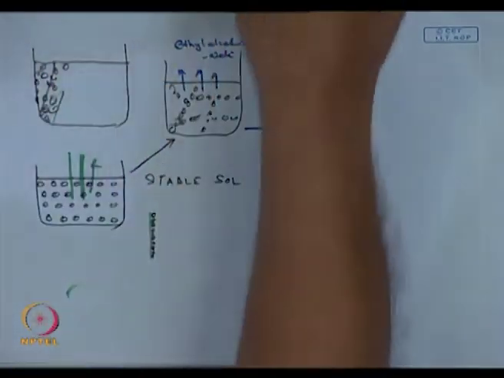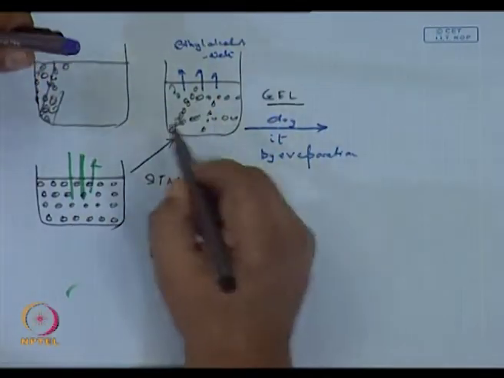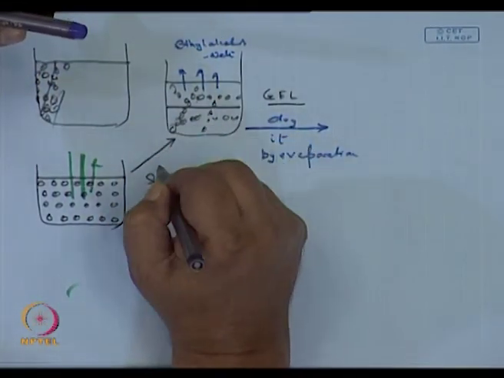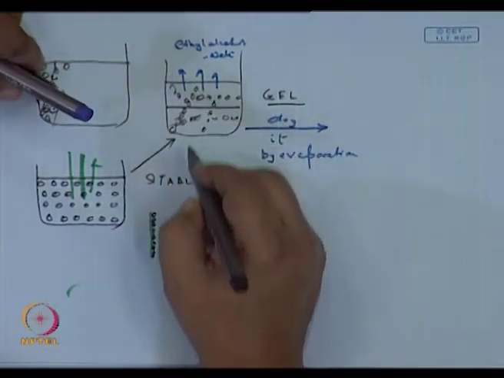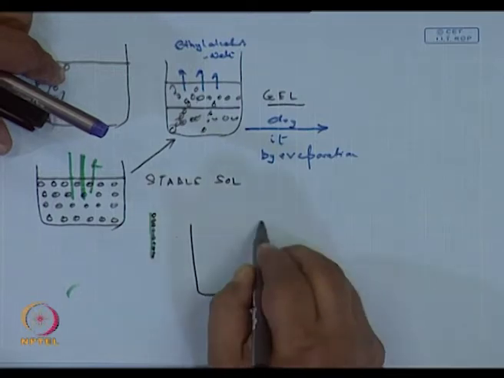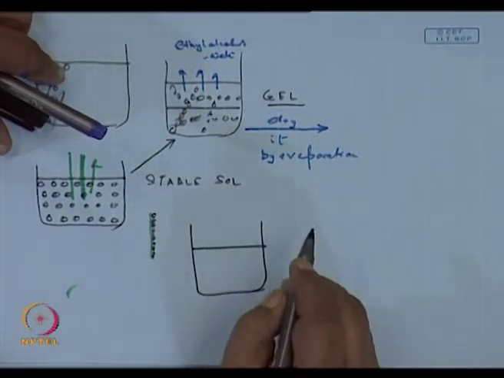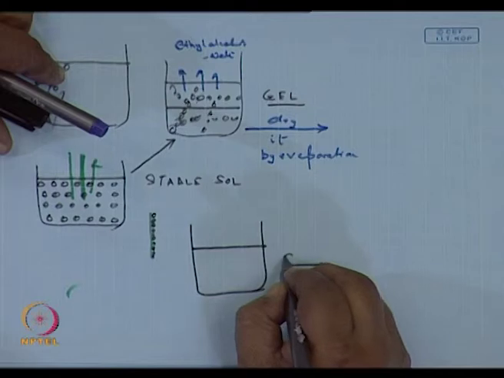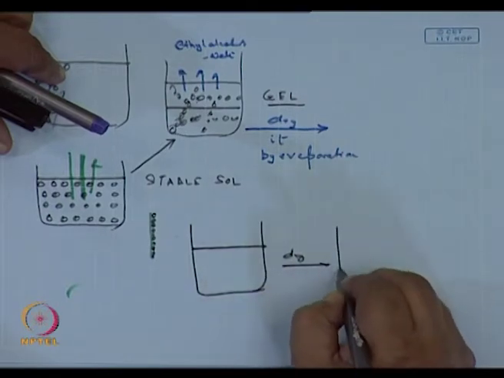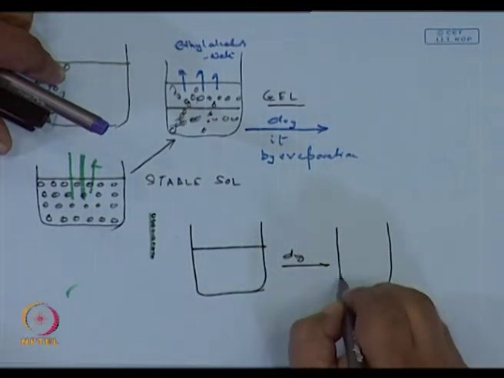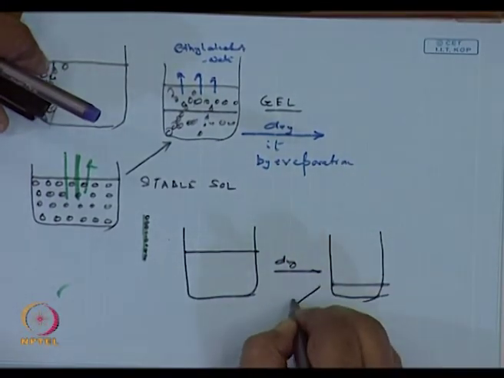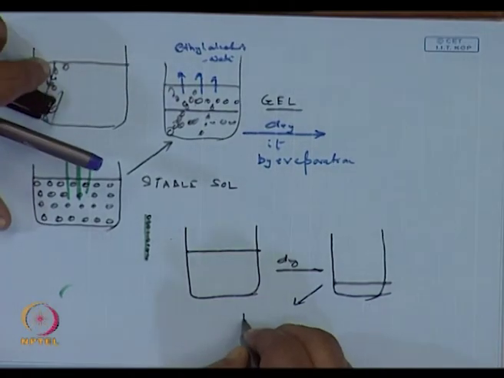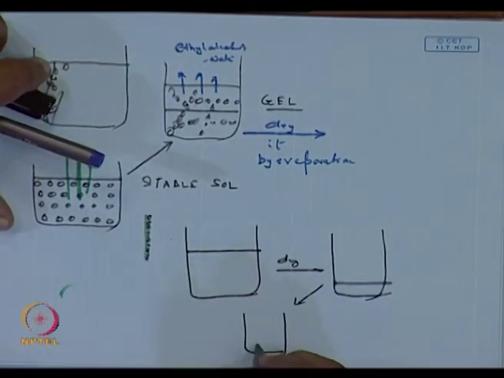Firstly I would see a decrease in volume. So, if this was the first level of the gel, dry, the volume would decrease, we dry it more, what will we land up with? A small dried mass.